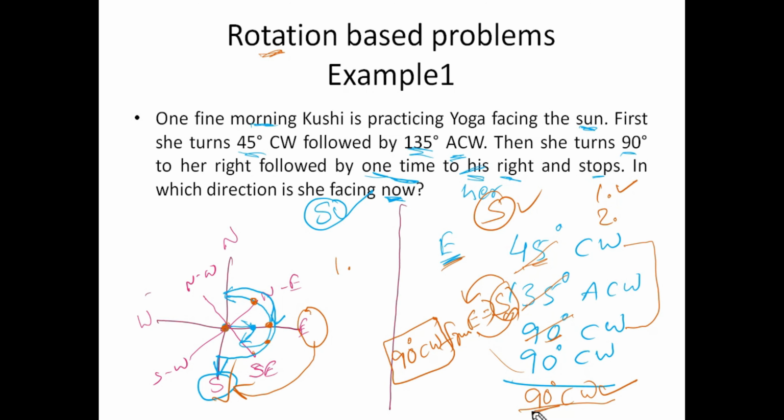This 90 degrees we can call the resultant angle. 90-degree clockwise is the resultant of all the angles. Instead of turning 45 degrees, 90 degrees, 90 degrees, directly we can turn this angle and it is equivalent to all the angles. Okay, clear. Practice some more questions with this method.